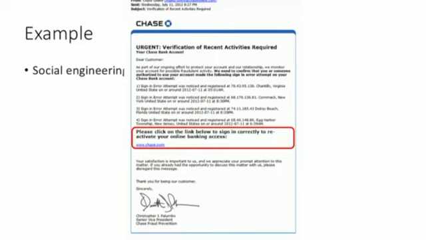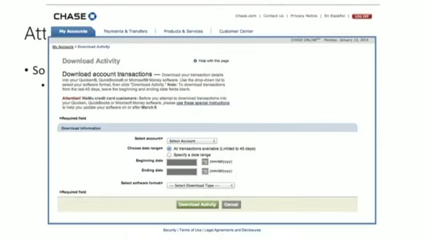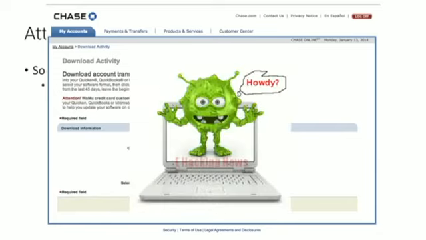Like this one is from Chase Online. Everything looks good, and when you click the link here, it will redirect you to a web page. The URL and the page look benign. It's actually malicious. If you click the download activity, it will download a malware for you.